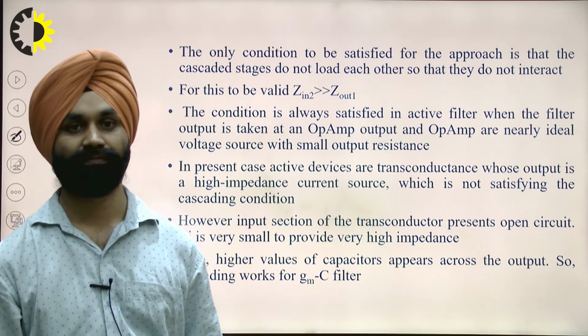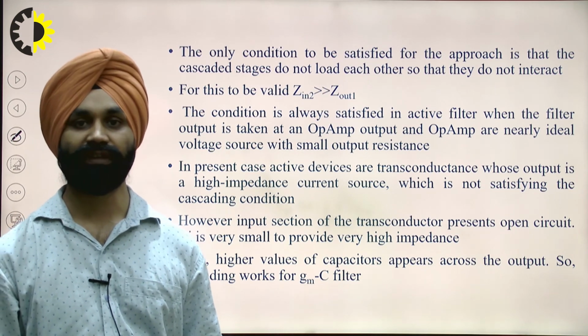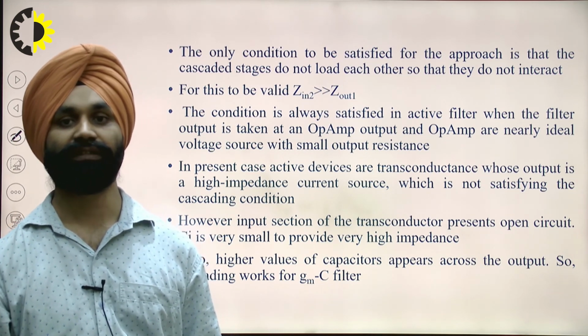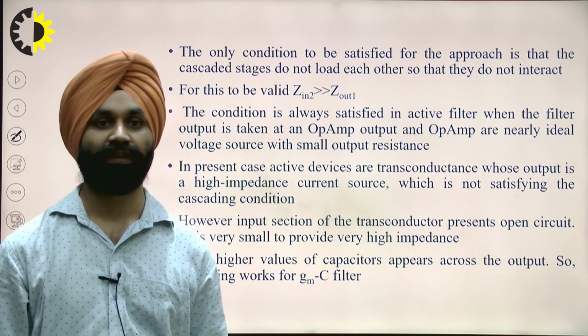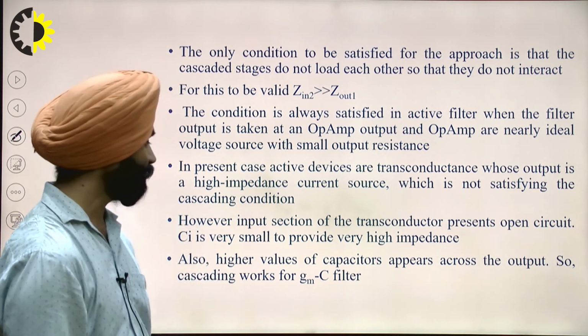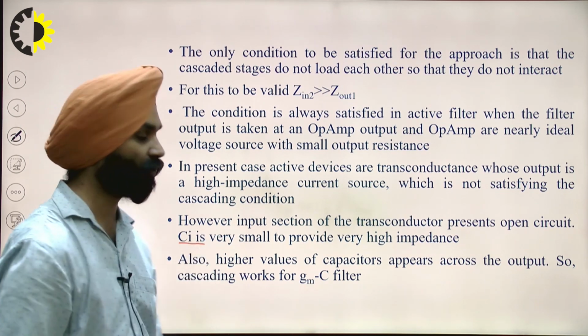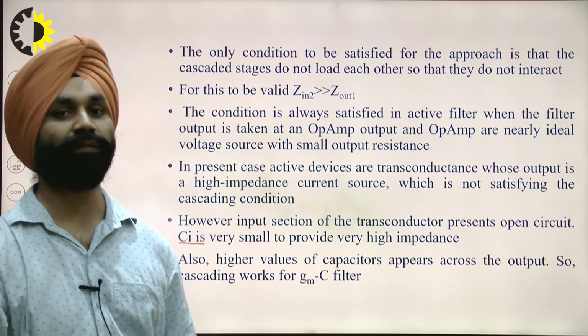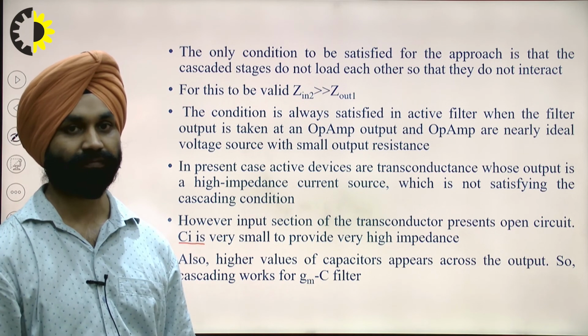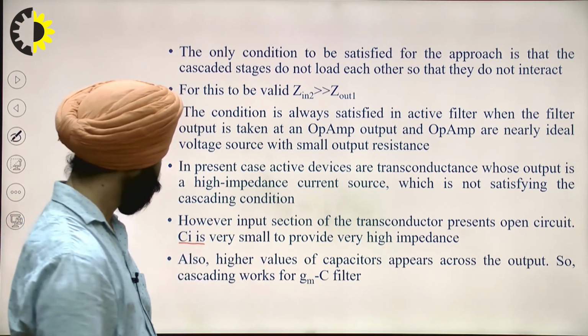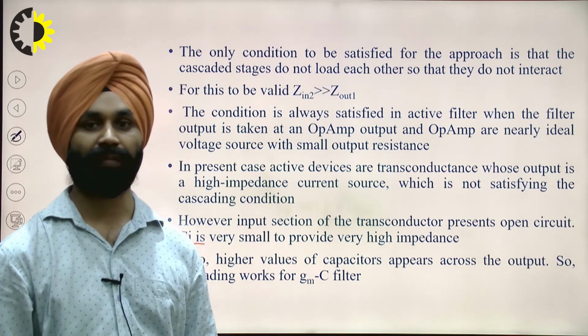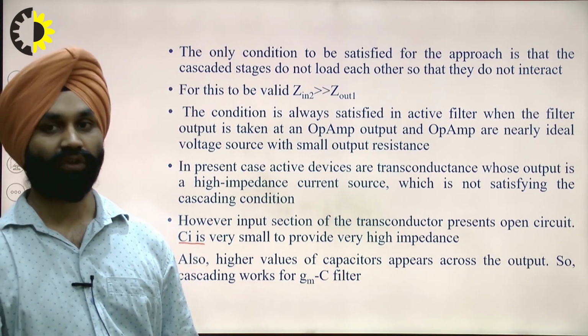However, the input section of the transconductor, on open circuit, has a very small input capacitance, providing a very high impedance. Also, there are higher values of capacitor across the output.